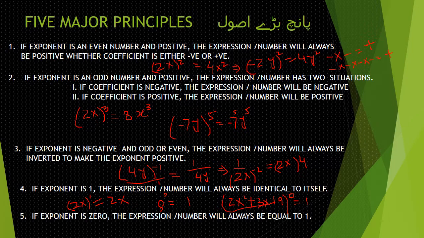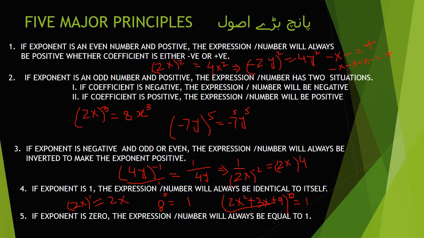For example, if I have an expression 4y raised to the power minus 1. Here the power is negative. How can I make it positive? I will bring this 4y to the denominator.